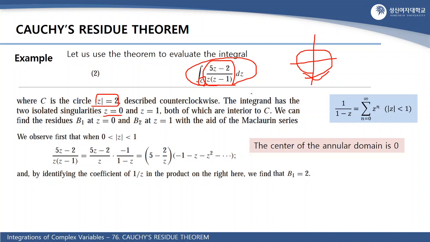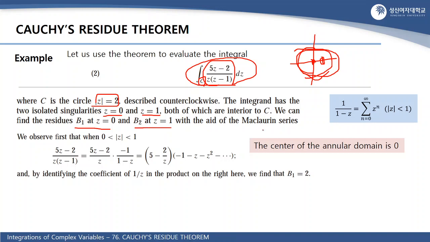So when z is 0, we have the point here, and when z is 1, then we have the point here, interior to this circle. So to evaluate this integral, we need to find the residues B1 at the singular point z equal to 0 and B2, the residue at the singular point z equal to 1.